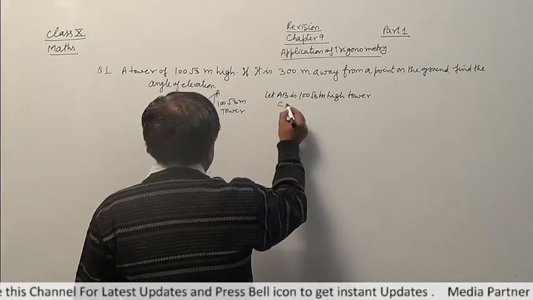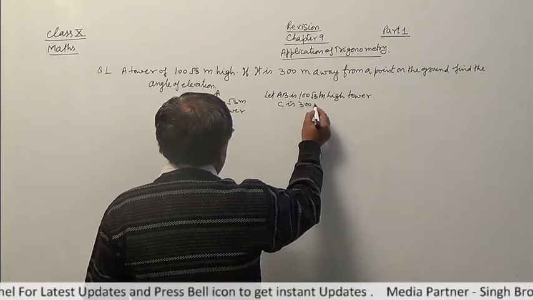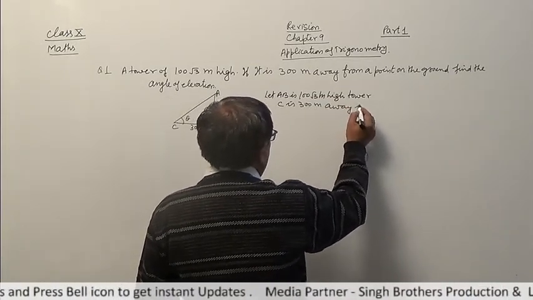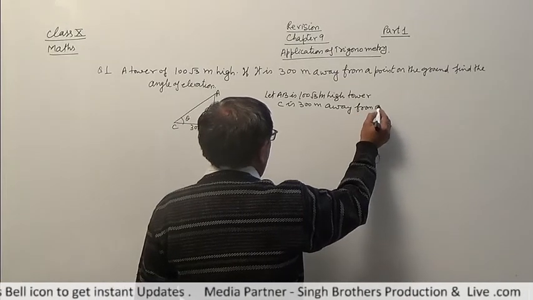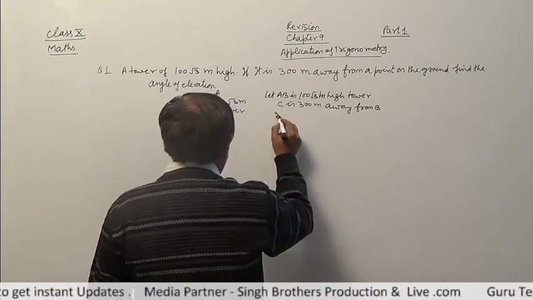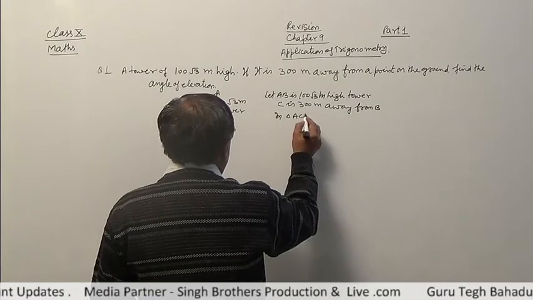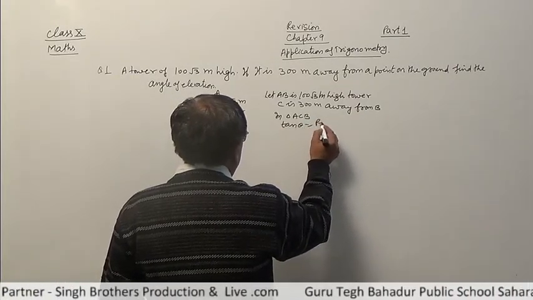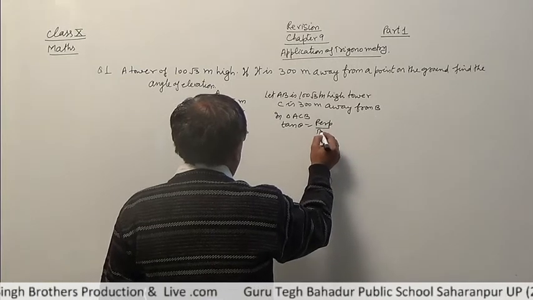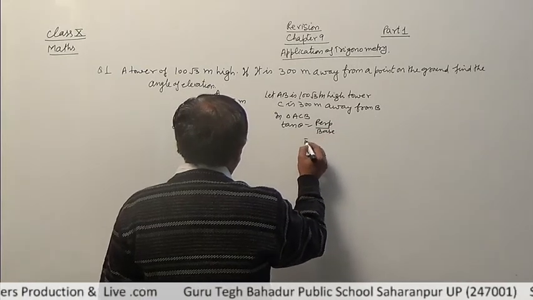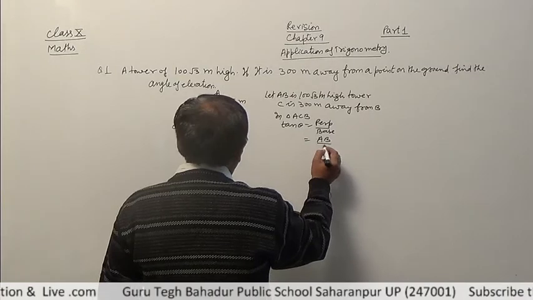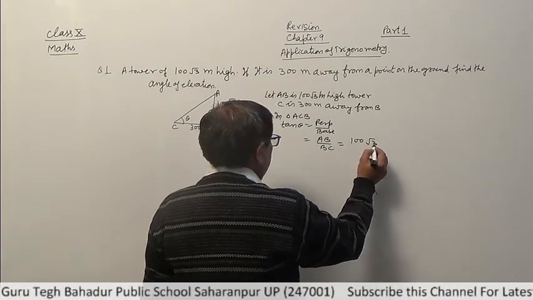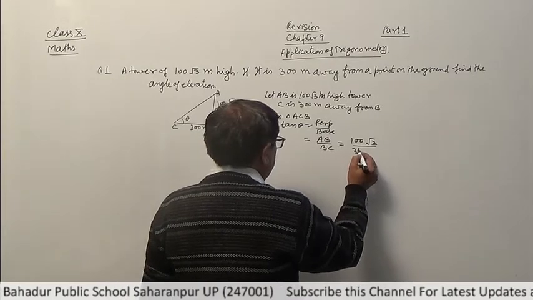C is 300 meter away from B. In triangle ACB, tan theta is equal to perpendicular upon base, AB upon BC, 100√3 upon 300.